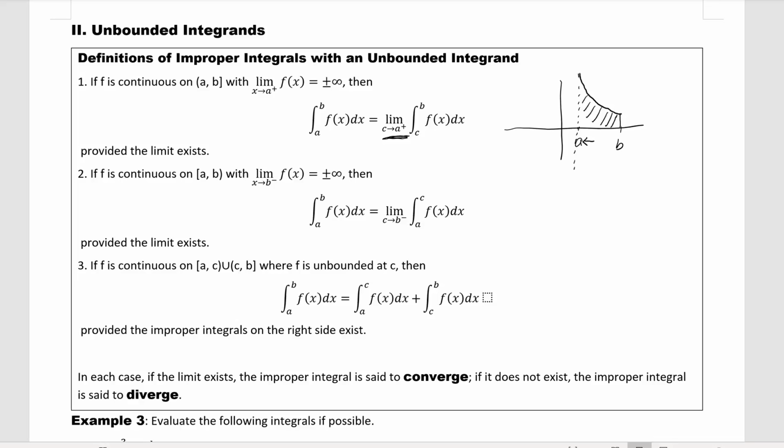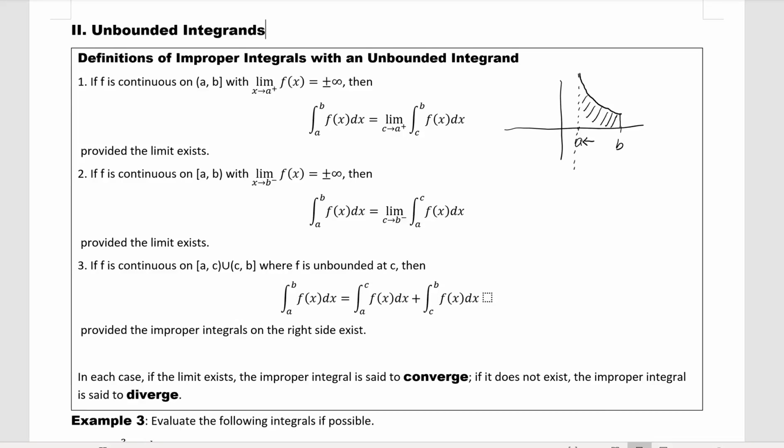But here we know the improper value is a, and we also need to determine whether we're approaching a from the left or from the right. So it's better to draw the picture of the interval, and then we can figure out whether we're approaching a from the left or from the right.